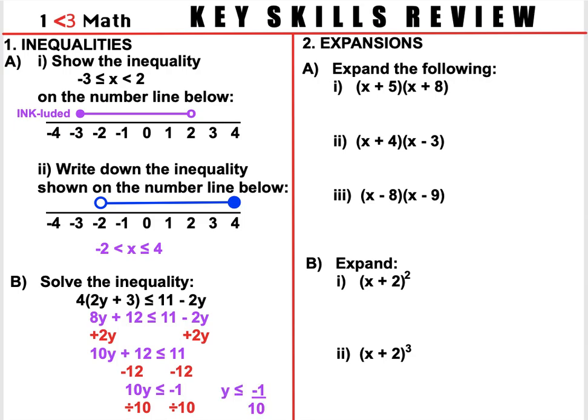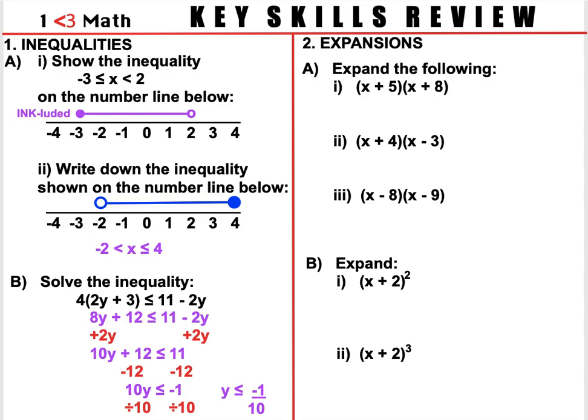That's going to give me y is less than or equal to minus 1 over 10. You'll note how I've represented my division just by using the fraction line. You could also have written y is less than or equal to minus 0.1, because we know that 1/10 is 0.1, therefore minus 1/10 is minus 0.1.